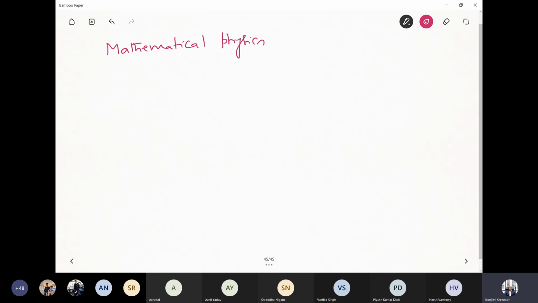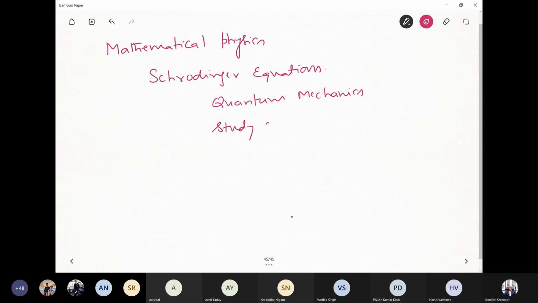This is the Schrodinger equation. I won't be able to write it here because it is a partial differential equation. These equations actually come in quantum mechanics, in the study of one electron atom, and interested students can look at these things.